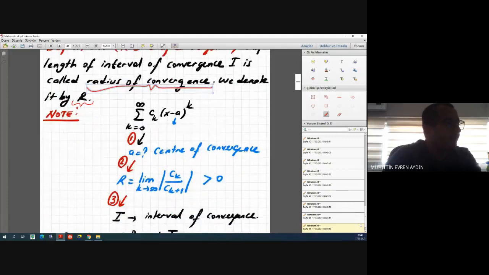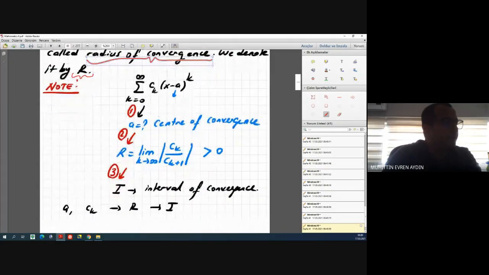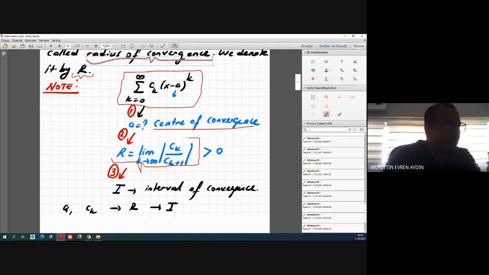For such a power series, a is the center of convergence, and for R, please pay attention to this equality. This is the formula for the radius of convergence.